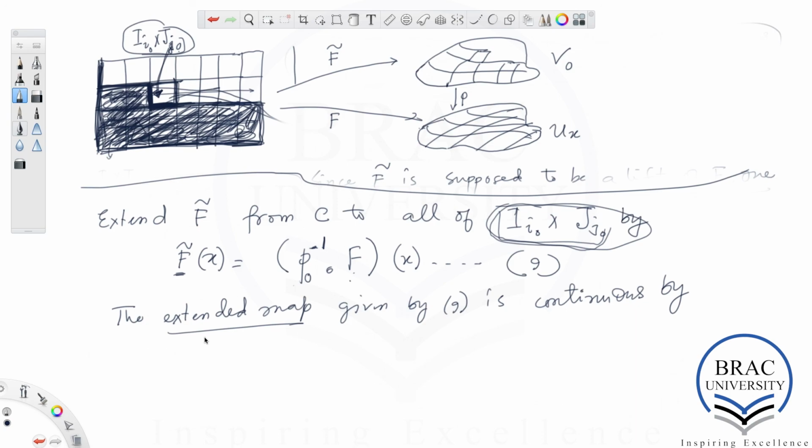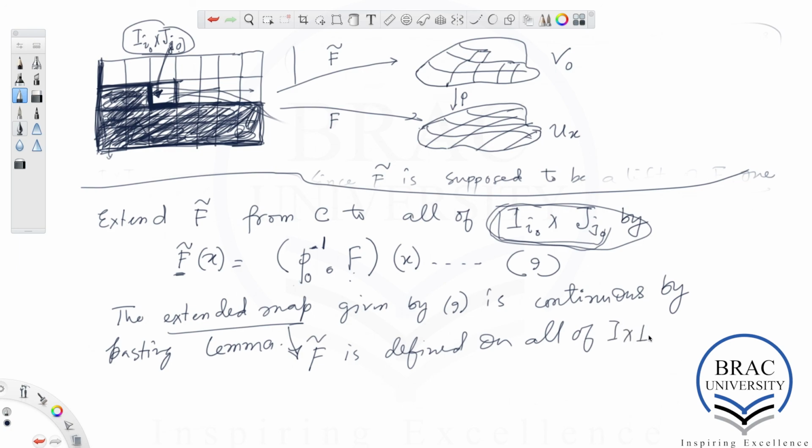Continuous by the pasting lemma. So this extended map f tilde is defined on all of I cross I.